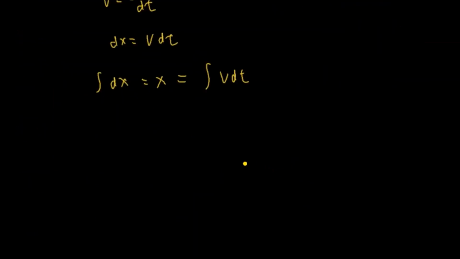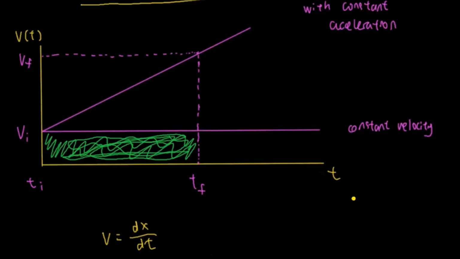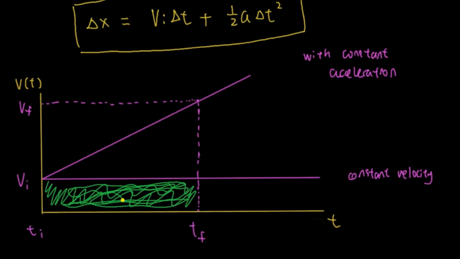So with constant velocity, your change in position will be just v initial times delta t, right? That's constant velocity. But you have acceleration. Since the acceleration is constant, that's why this is a linear curve.